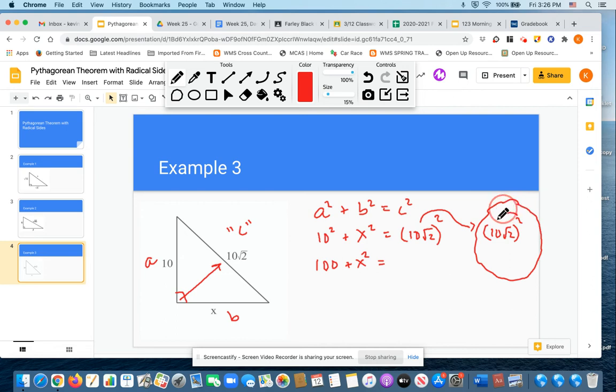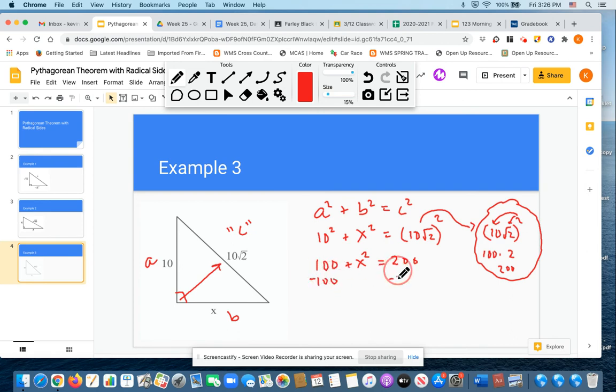This square goes to both of these numbers. We know 10 squared is 100. We also know the square root of 2 squared is 2. And the operation involved here is multiplication. So 100 times 2 is 200. That's the math that's going on right there. That is 200. Now solve it.